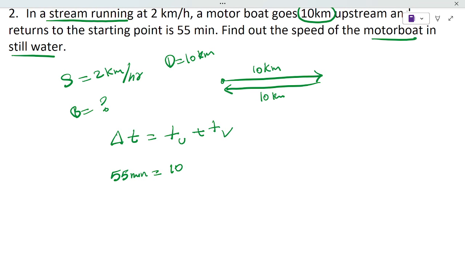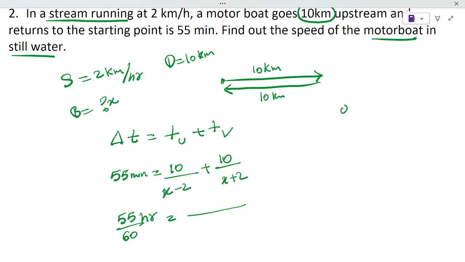Distance is 10 km. Upstream speed, let's say the boat speed is x, so x minus 2, and downstream is x plus 2, with distance 10 km. Now 55 minutes, let's convert in terms of hours. So 55 by 60 in terms of hours.